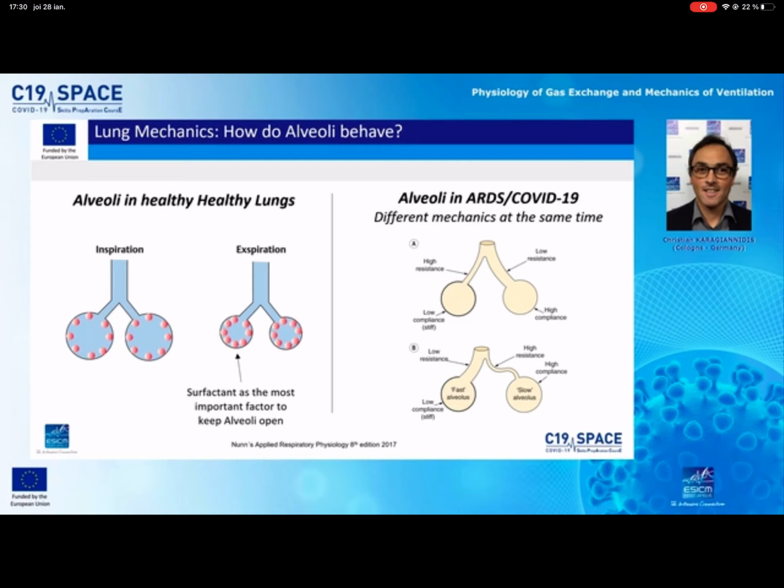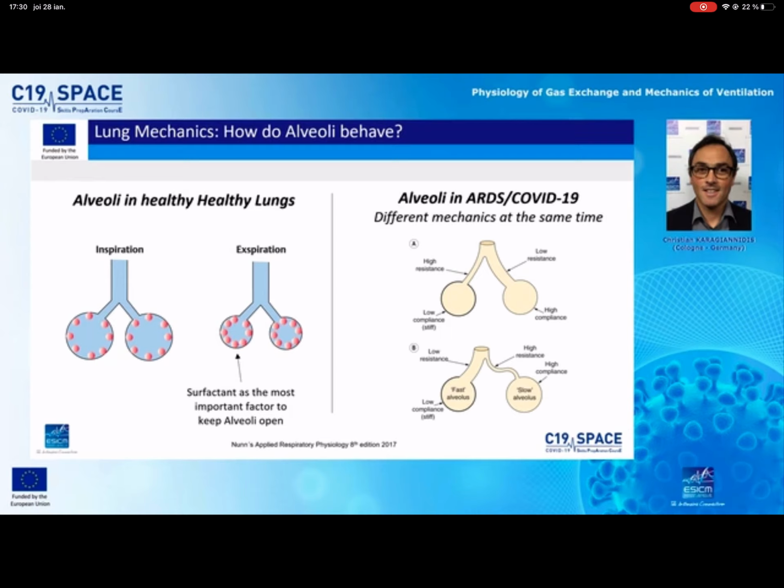And as a result, it might be that you have some alveoli which open very fast, and on the other hand, you have alveoli with a high resistance which open very slowly.